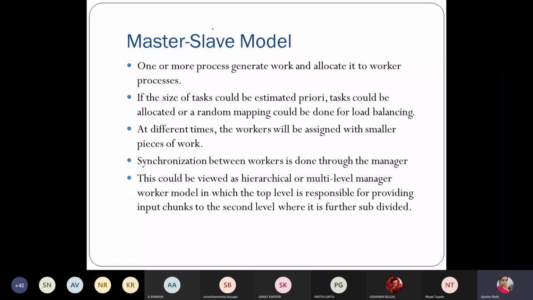Coming to the next model, it is the master slave model. One or more processes generate work and allocate it to the worker processes. If the size of tasks could be estimated a priori, tasks could be allocated, or random mapping also can be done for balancing the load.